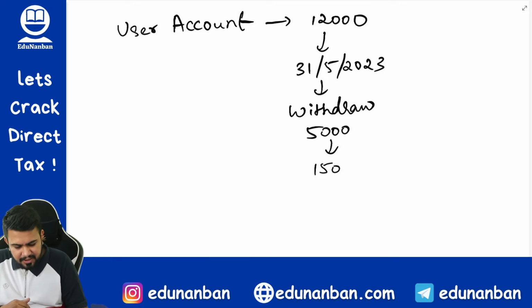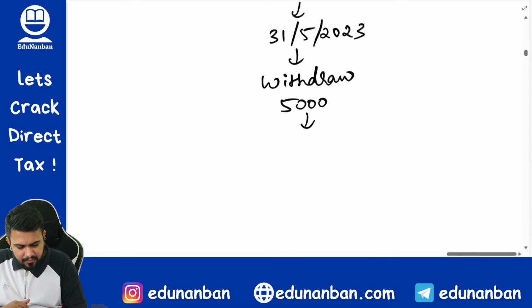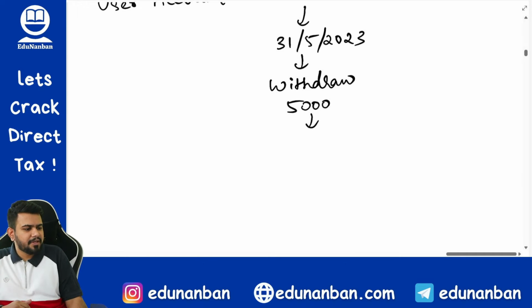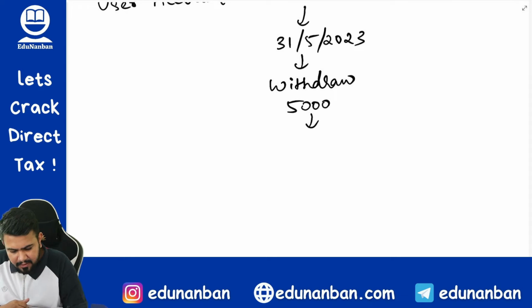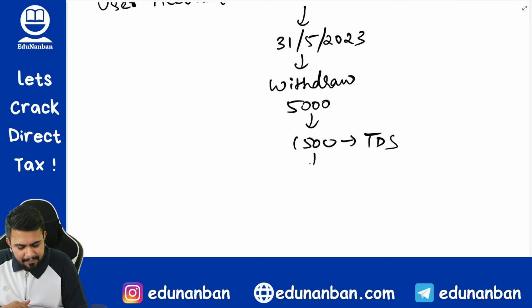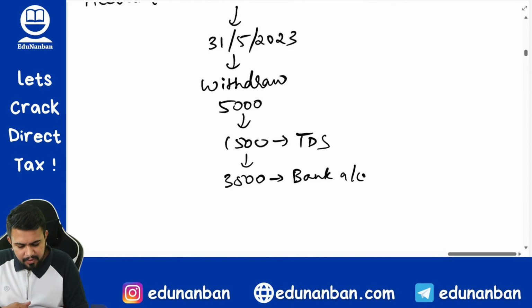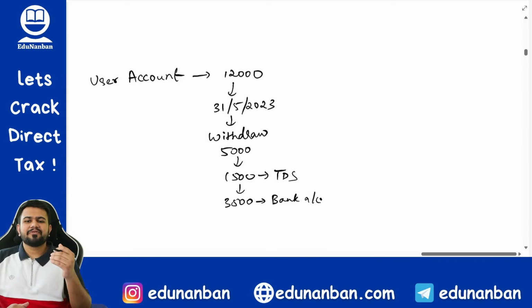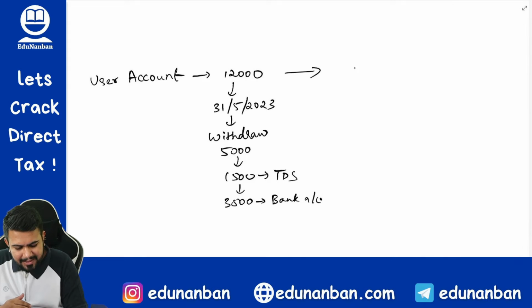Okay, 30% of 5,000 is how much? 5,000 into 30% is 1500, correct? 1500 TDS will be deducted and the balance money, that is 3,500 only, will be transferred to the bank. Are you able to get my point? So when the person is withdrawing the money, TDS has to be deducted.